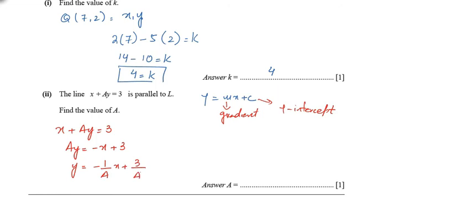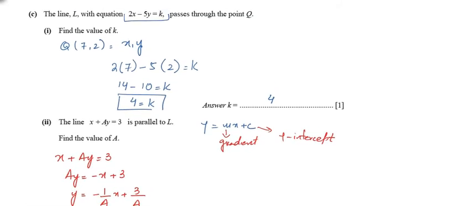Similarly, the equation of L is, from the last part, 2x minus 5y is equal to k. We have also got the value of k in the last part, which was 4.